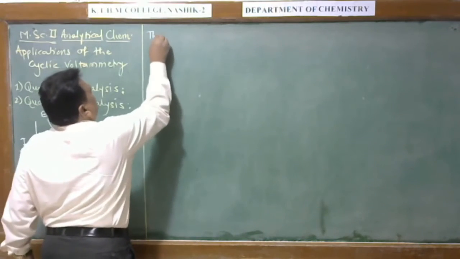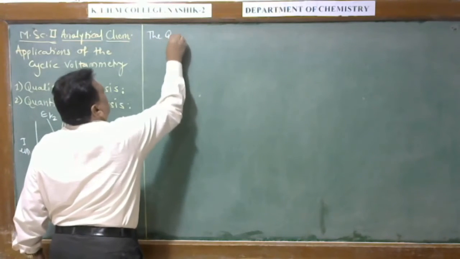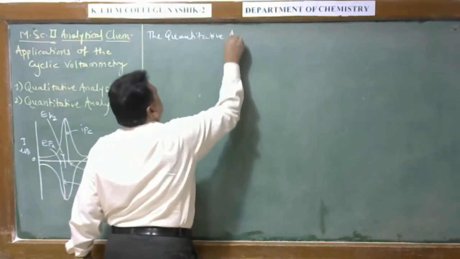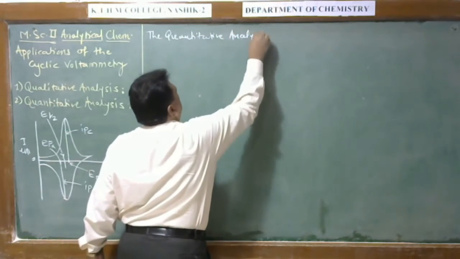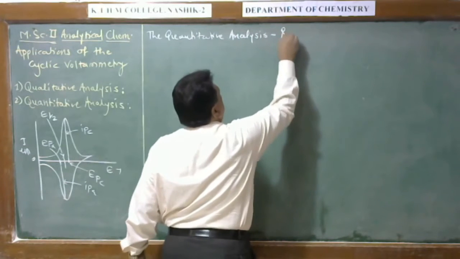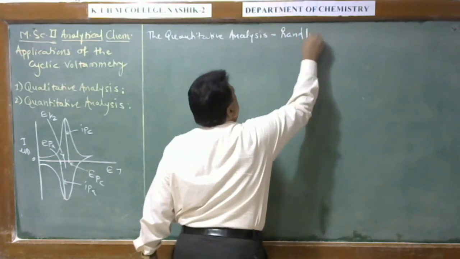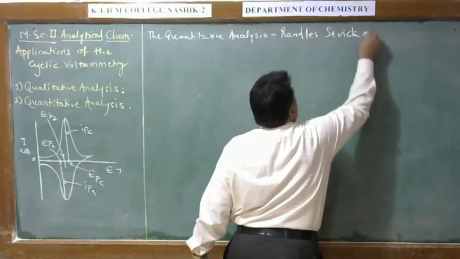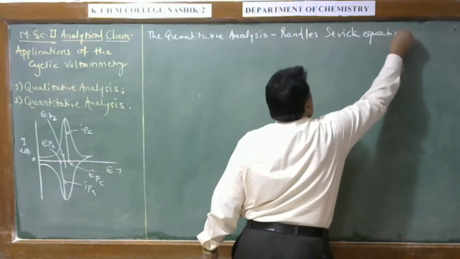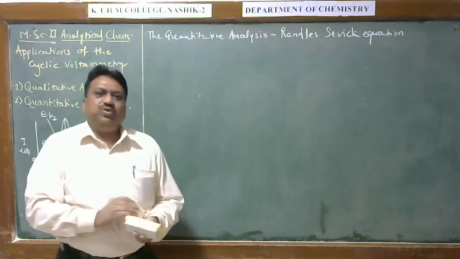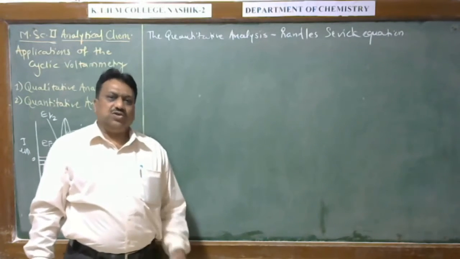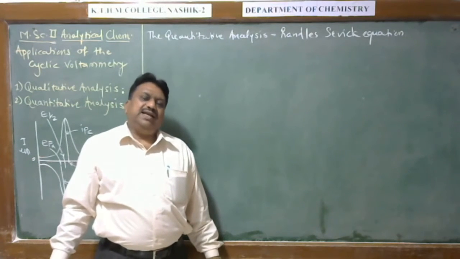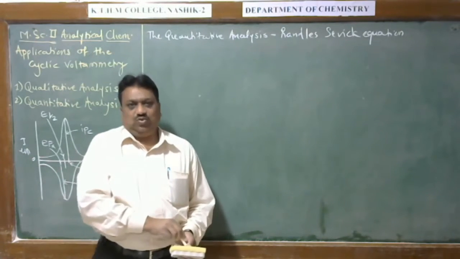The quantitative analysis in cyclic voltammetry is done by using the Randles-Sevcik equation. In cyclic voltammetry, we know that when the analyte undergoes oxidation, we observe the anodic current, and when the analyte undergoes reduction, we observe the cathodic current.